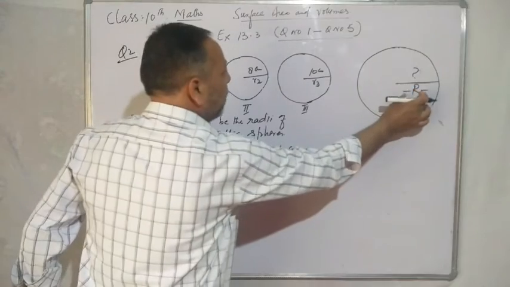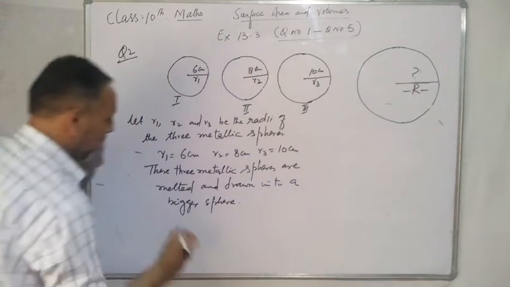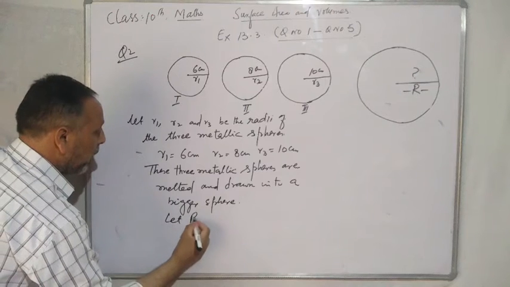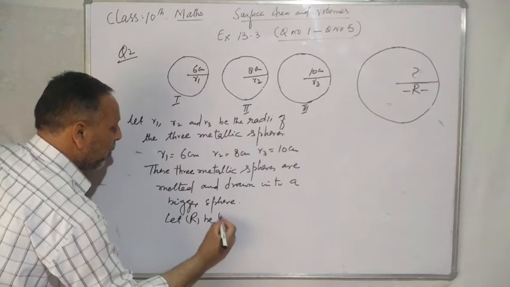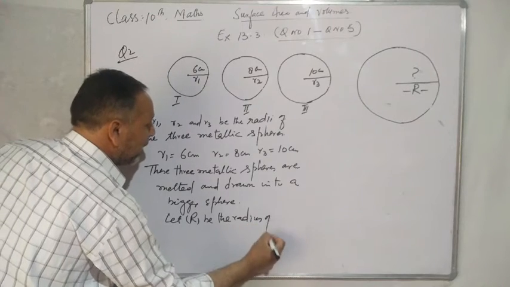So let me suppose capital R is the radius of this resulting sphere. Let R be the radius of the resulting sphere.